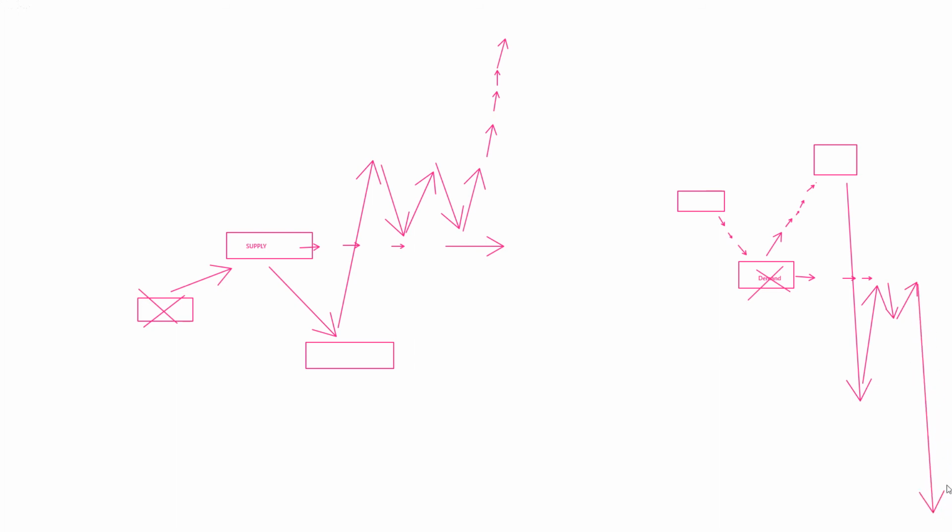That might be called the latest local weakness, or latest weakness. And once it's broken to the upside, the market is aggressively buying that zone.